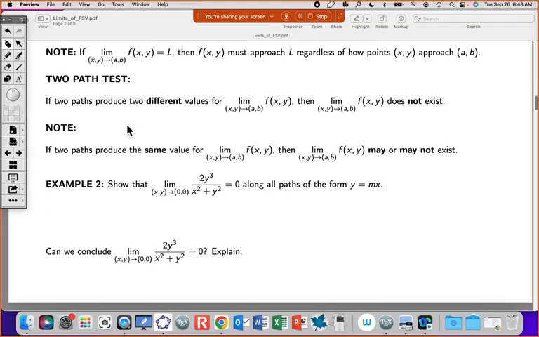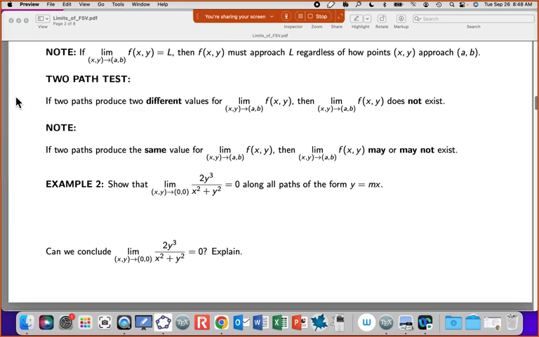Part of the big story in Calc 3 is to show you how it's the same concept, whether it's vector valued function limit or function of several variables limit. It's the same concept in both classes.